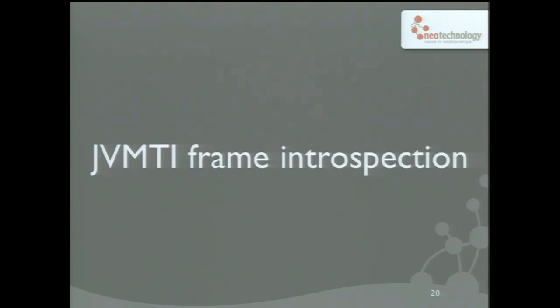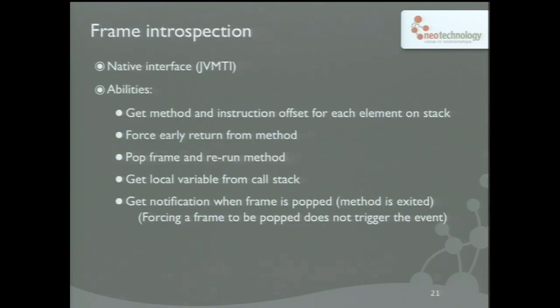So I found JVMTI, and found that it had some abilities to do frame introspection, which meant that I could do this as a regular dynamically loaded JNI library. So I did. I created a Java API for accessing the live call frames of the current thread. Could be extended to other threads as well, but so far only to the current thread.